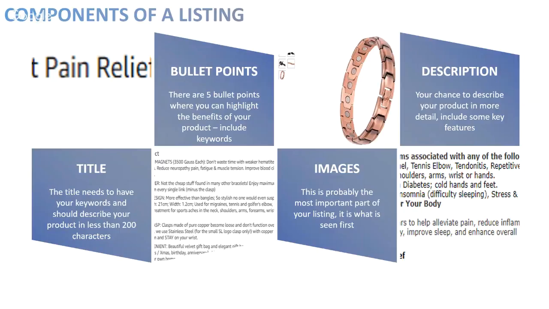I always use simple HTML formatting, which makes it look a lot easier to read, and I should go into how to do that. But this is your chance to describe a little bit more detail about the product, and this is where you can have some of the features, like it's stainless steel 316, etc.